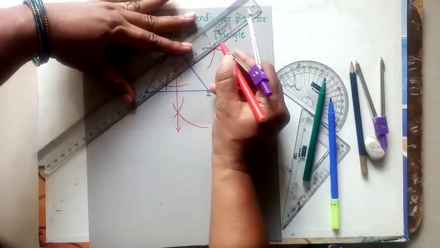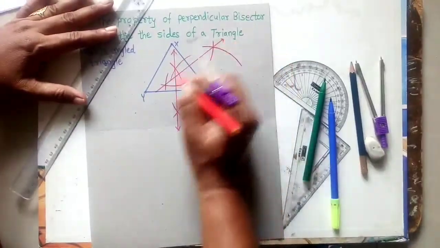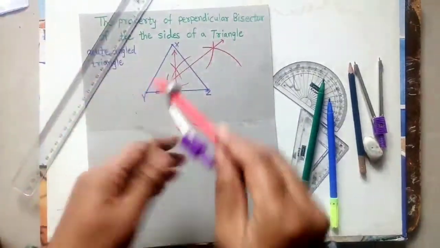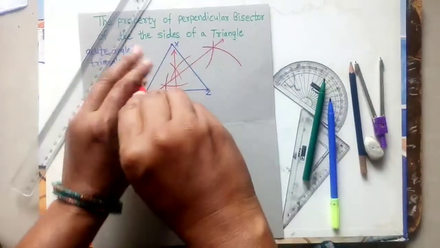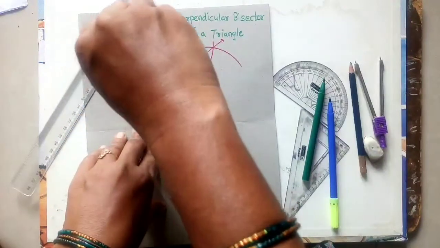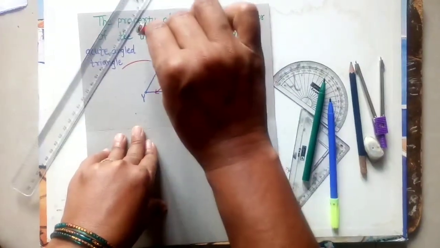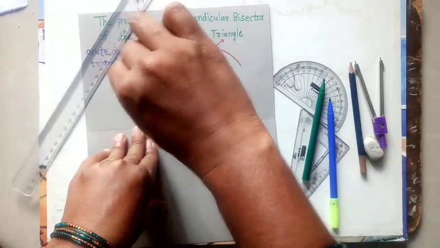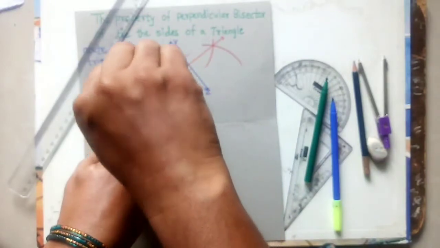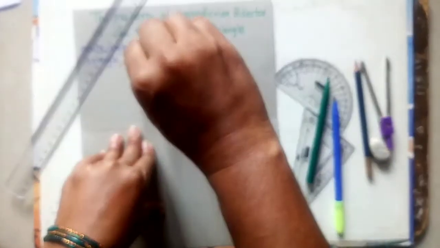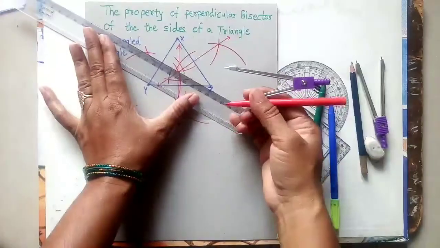Second, the bisector on length XZ. And third, the perpendicular bisector on length XY.